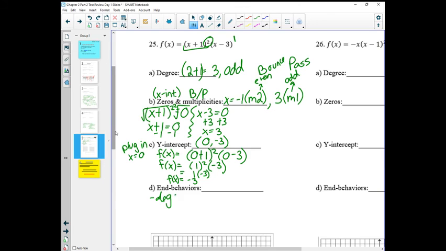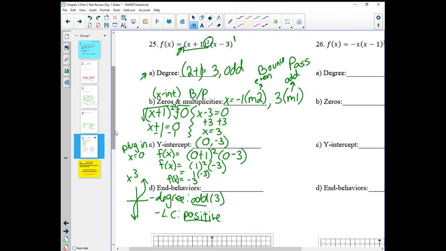To state the end behavior, we need to look at the degree and the leading coefficient, kind of like we did at the very beginning of the test review. The degree we already stated is odd, it was 3, which is an odd number. The leading coefficient in the front here is positive. Another function we know that is odd and positive is x to the third, which looks like this.